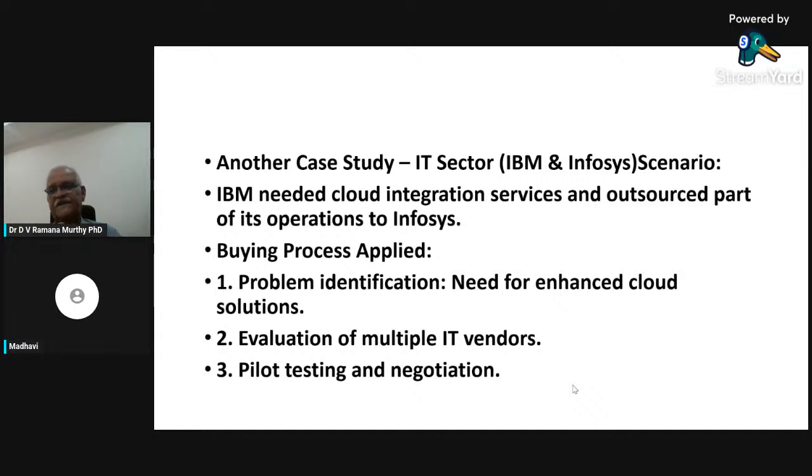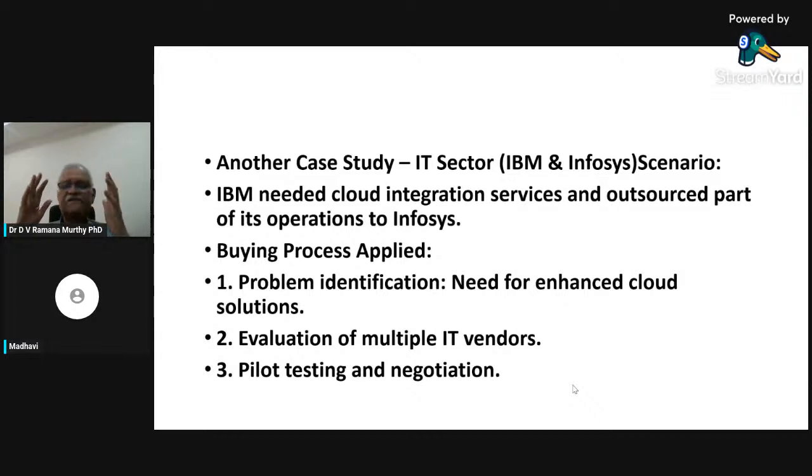Another case study we can say, like the IBM and Infosys scenario in the IT sector. Let's examine how things go. Say, for example, IBM needed cloud integration services, and they wanted to outsource this, and they searched and then outsourced part of its operations to Infosys, because everything they cannot do on their own.